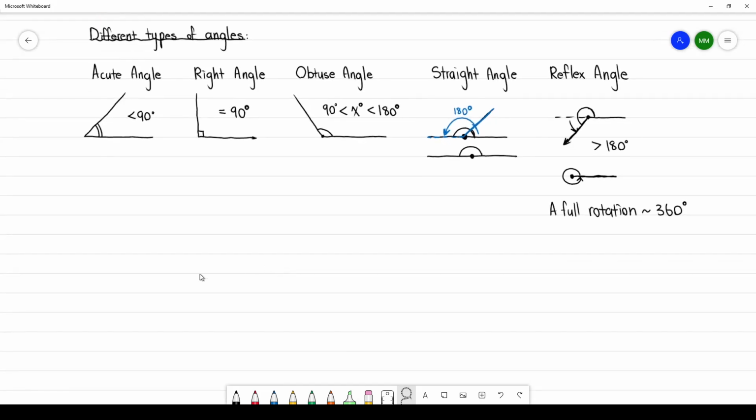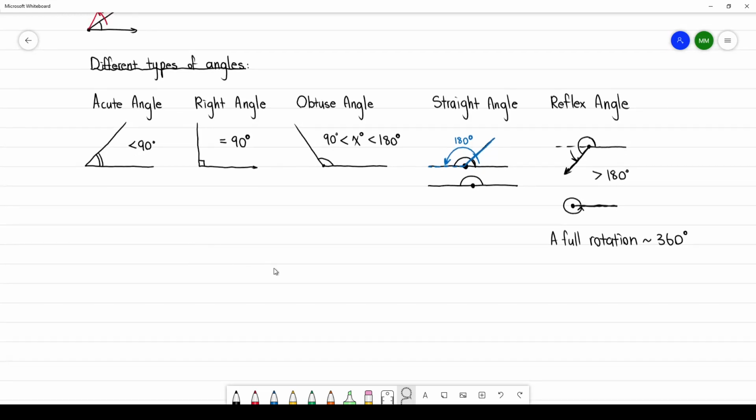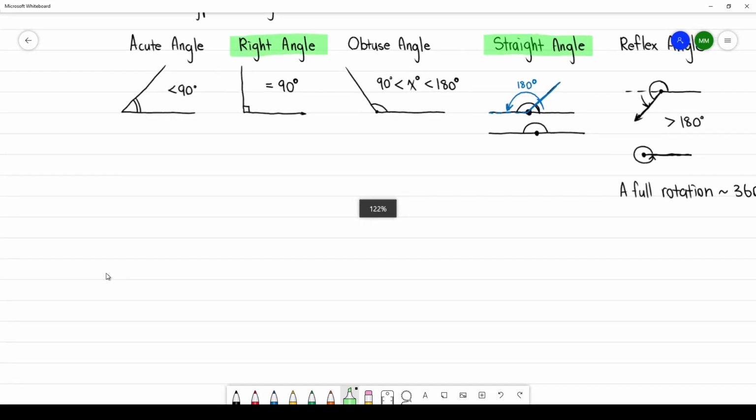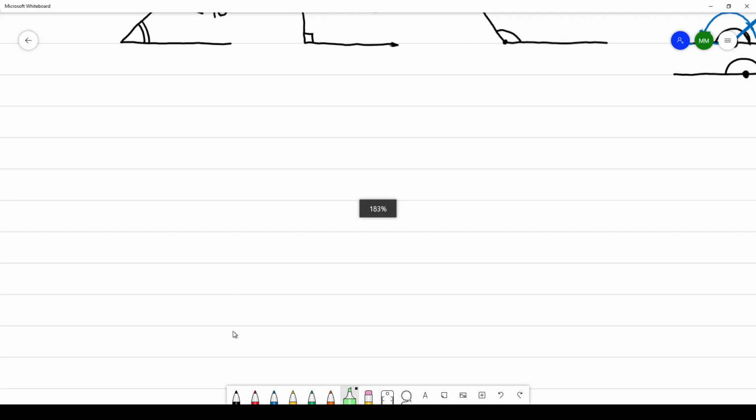Okay, so now the 2 types of angle that we want to mainly focus on are right angles and straight angles, because they are really helpful when you examine them closely.